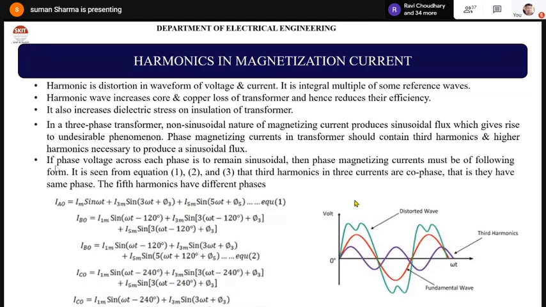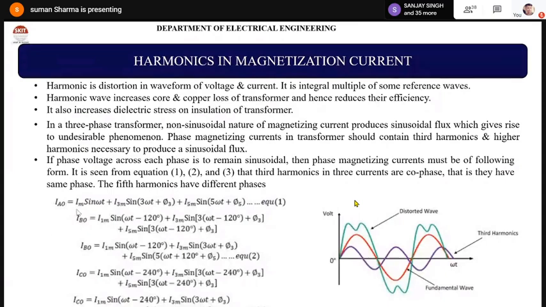If the phase voltage across each phase is to remain sinusoidal, then phase magnetizing current must be of the following form. Voltage, the phase voltage, is sinusoidal, but the magnetizing current generated consists of harmonics. So how? IA naught, IB naught and IC naught.